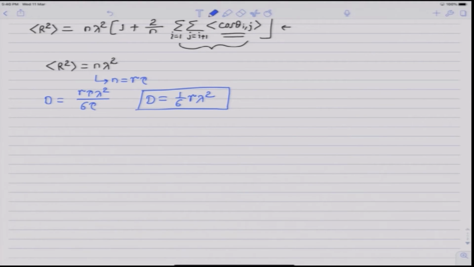Now, in order to evaluate the successful jump frequency, we need to consider two contributions. For any successful jump of an atom, two conditions have to be satisfied. First, the atom has to gain an energy equal to or greater than the activation energy for migration, and second, the next site, or one of the nearest neighbor sites, has to be vacant so that the atom can jump onto that site.